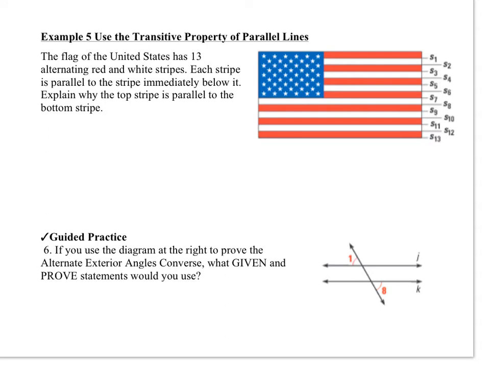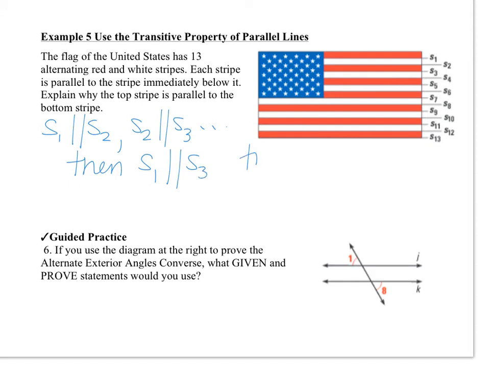So we're going to start out, we know S1 is parallel to S2, S2 parallel to S3, then S1 would be parallel to S3. Transitive property parallel lines.